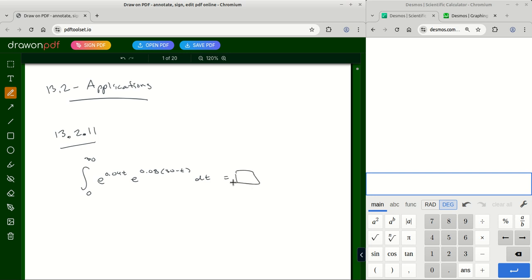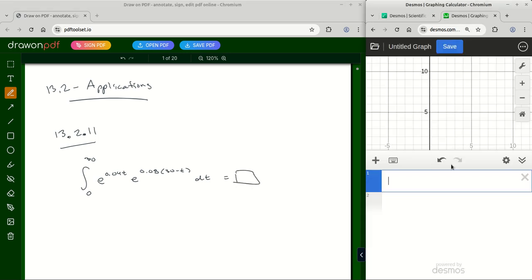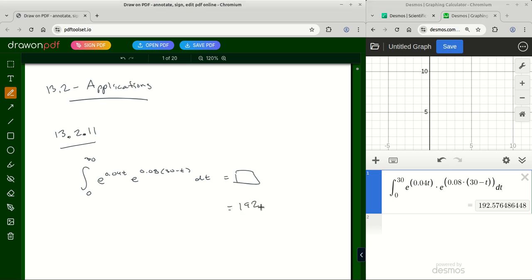At this point with what we've been learning, you could do that by hand, sure, but I think that doing it in Desmos is going to be quicker for you. There we go, and we're done with that problem. That was it. 192.576.